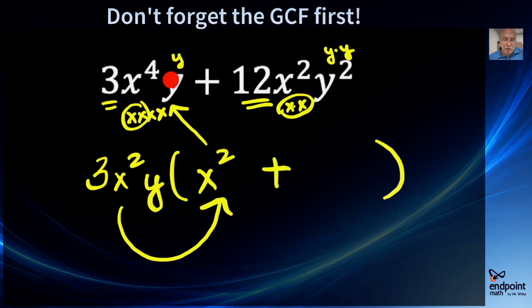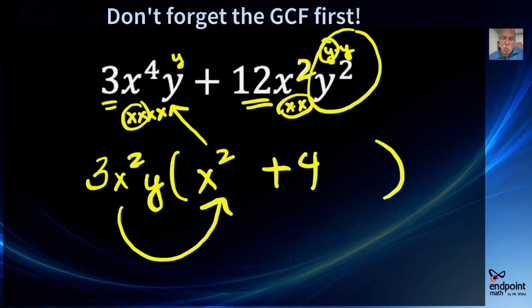And then the y that was here has been moved outside the parenthesis, so it's no longer there. And then let's look at the second term. 12 divided by 3 is 4. We had an x squared, and they both came out, so that's done. And then we had 2 factors of y, and one of them came out, but look at that. We still have 1 left behind. So we would have that right there.